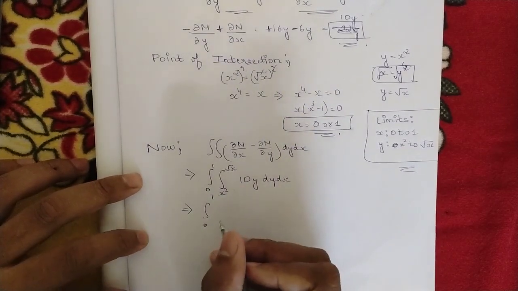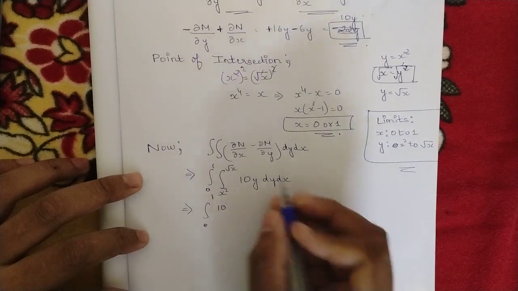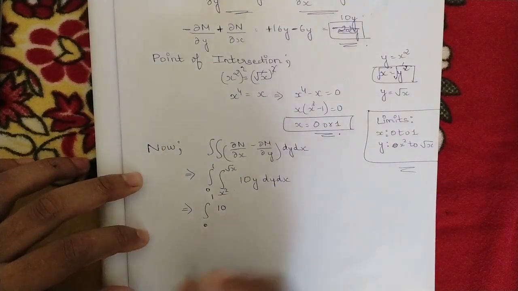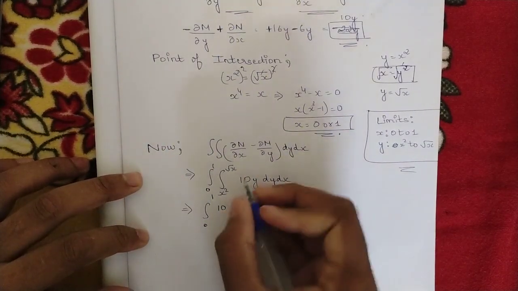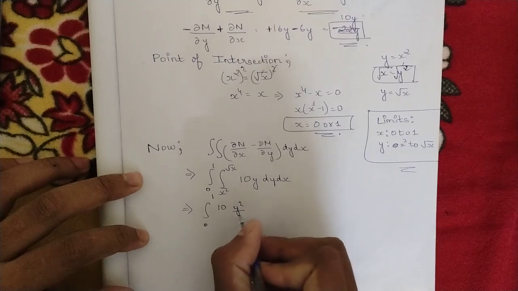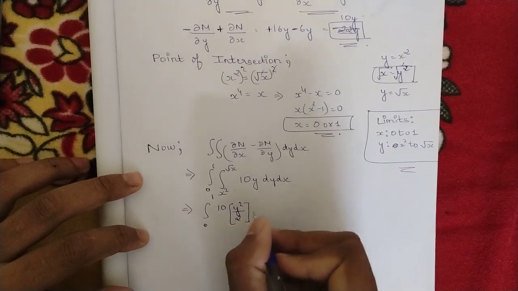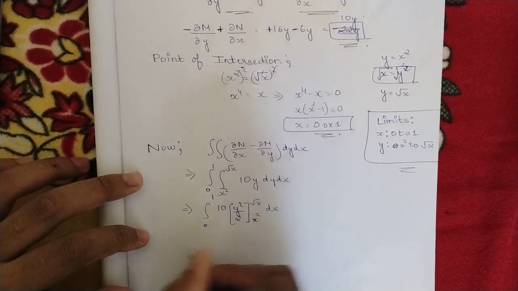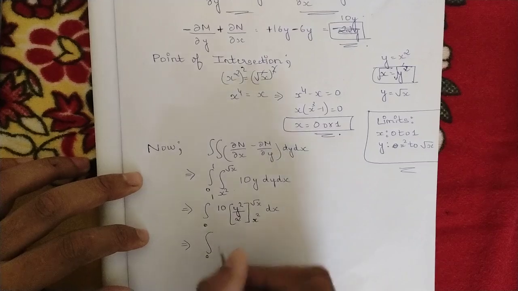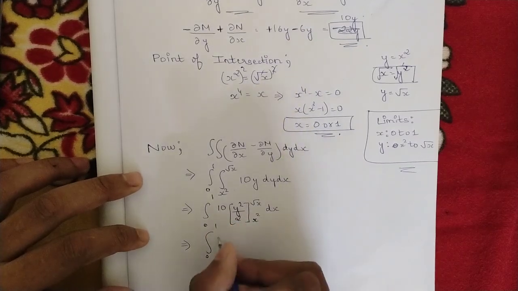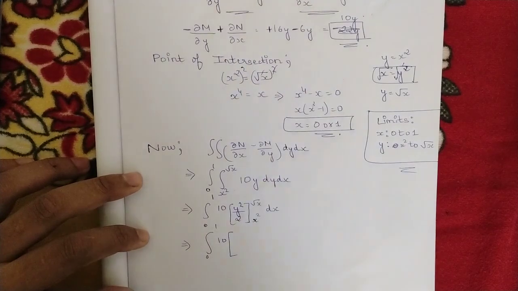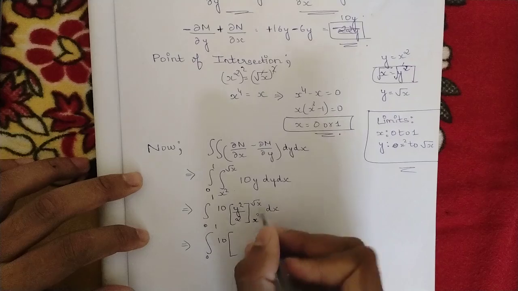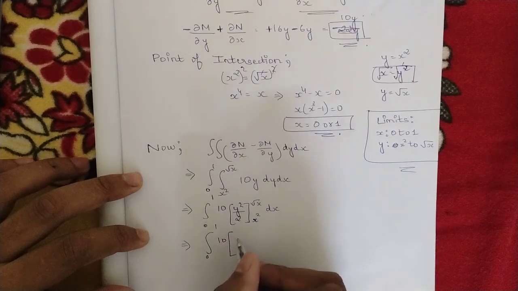0 to 1, 10 you take it common, so y dy. So the integral of y with respect to y is y square by 2, and the limits are from x square to root x dx. Okay, 0 to 1. So solve this. Substitute upper limit minus lower limit, that is upper limit is root x. So root x the whole square is x itself.